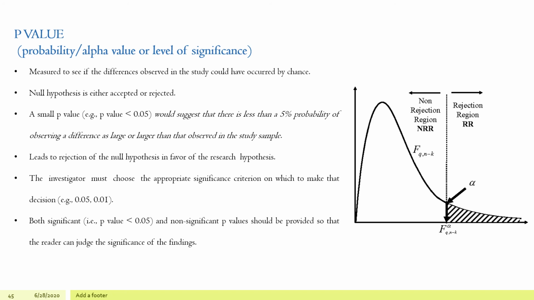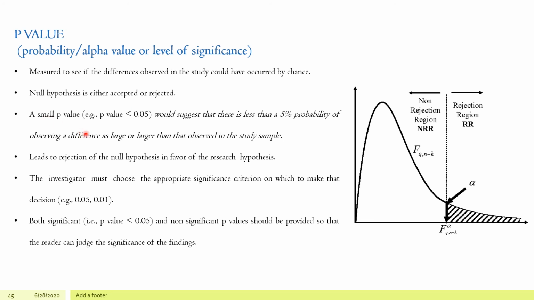If your t value or f value is falling here, then you are rejecting the null hypothesis and accepting the alternate hypothesis. That's what we have described here. If it occurred by chance, it means you are unable to reject the null hypothesis. The null hypothesis is either accepted or rejected.